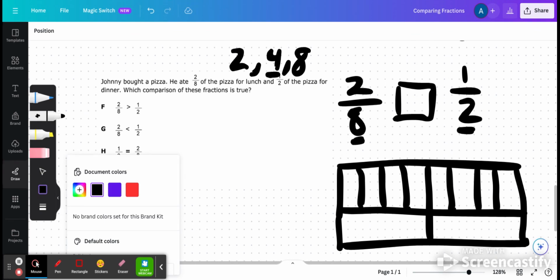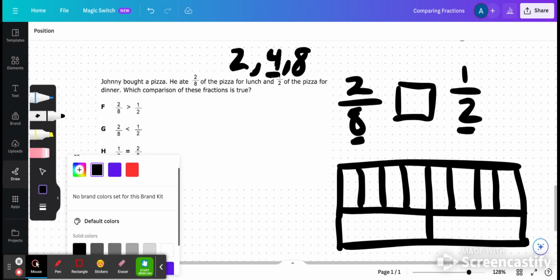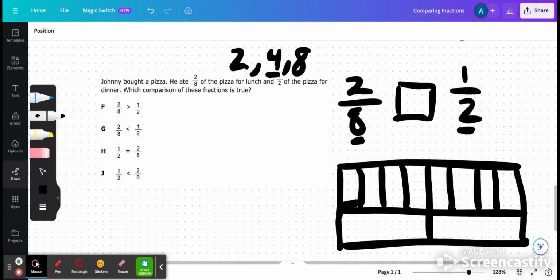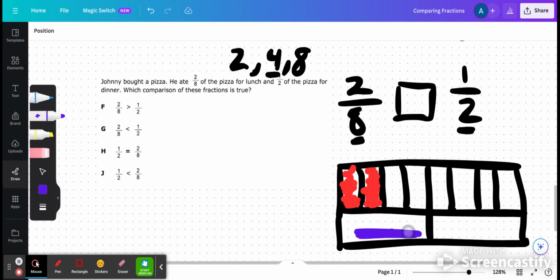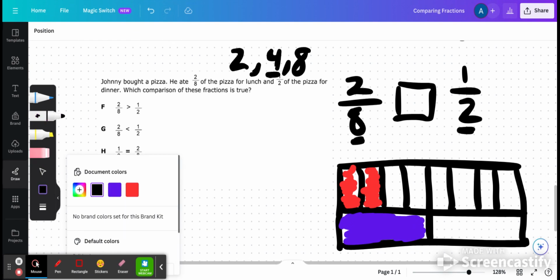Now all I have to do is shade in, looking at the numerator. So I'm going to shade in 2/8. And then I'm going to shade in 1 of the halves. All right, and now I'm going to visually compare them.